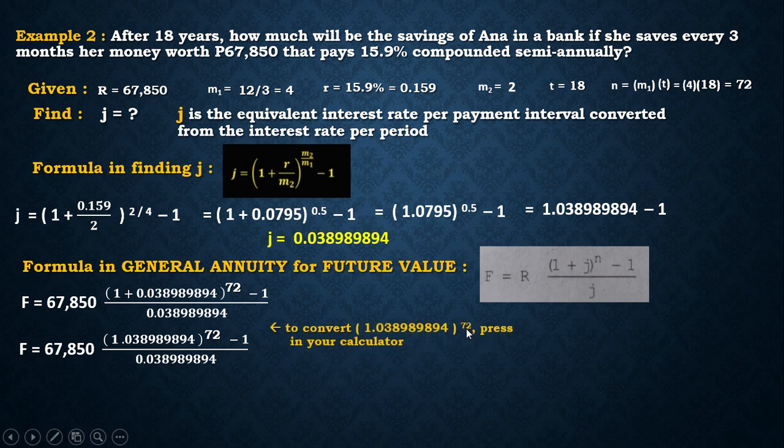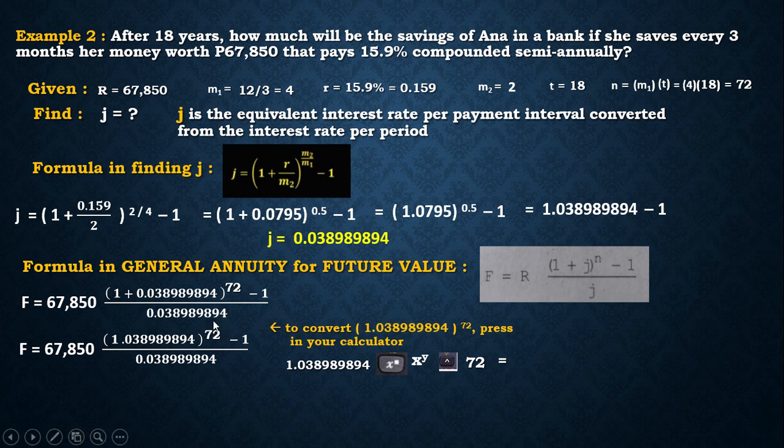1.038989894 raised to the exponent of 72, we have to press the following in the calculator. Of course, yung number na 1.038989894, and then ang symbol na to, o kaya ito, or itong symbol na to, alin man sa tatlo na yan ang pwede nyong pindutin pag nakita nyo sa calculator. And then the exponent of 72, and then the equal sign.